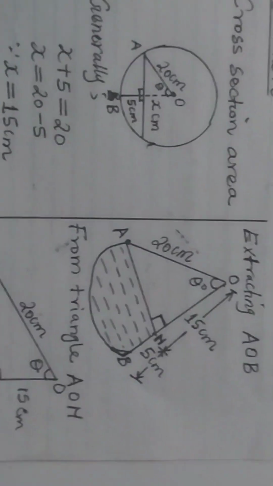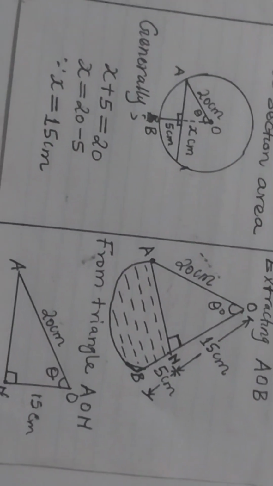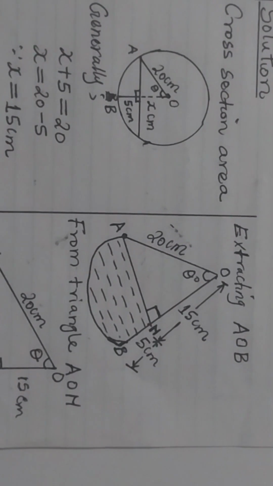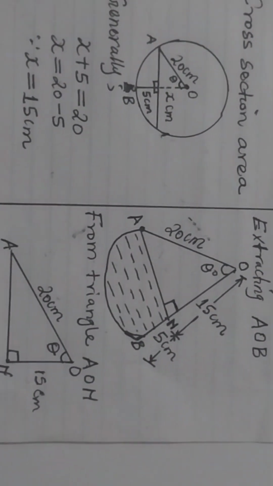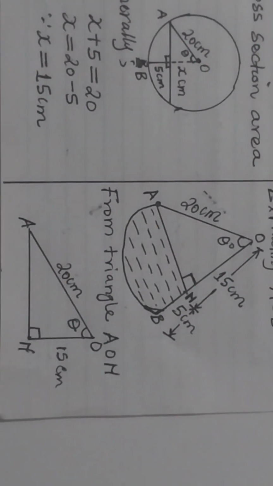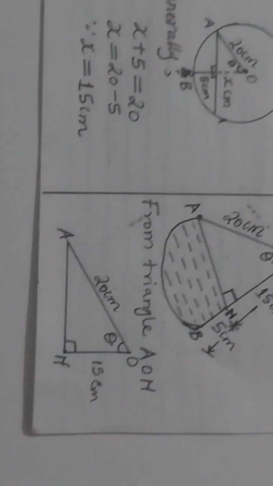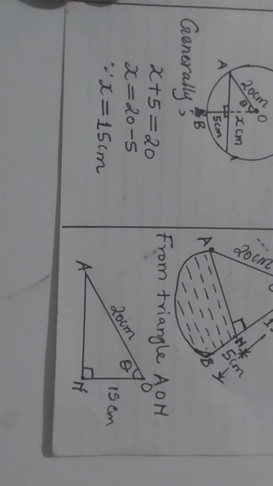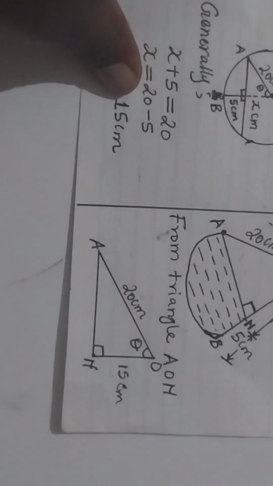So the second procedure, we are going to extract the sector AOB as shown. From the sector, you can see BO has its dimensions and AO. From the sector, we have the shaded region and the unshaded triangular region. If we remove the triangle AON with the dimensions as shown, then we can calculate angle theta by using cosine.